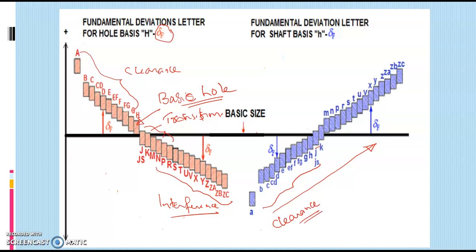The small h is used as the basic shaft if we are going for the shaft basis system. Then j, k, m, n are used for transition fit, and the remaining p to zc are used for getting interference fit.